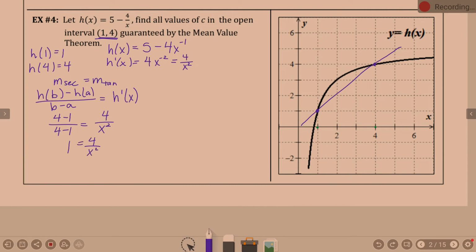If it's 1 equals 4 over x squared, how can I solve? I would multiply the x squared out of the denominator, and then x squared equals 4, and so x is officially plus or minus 2.